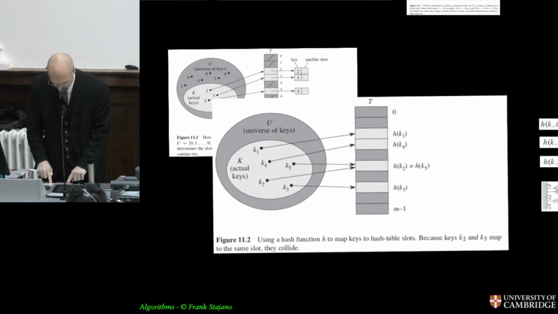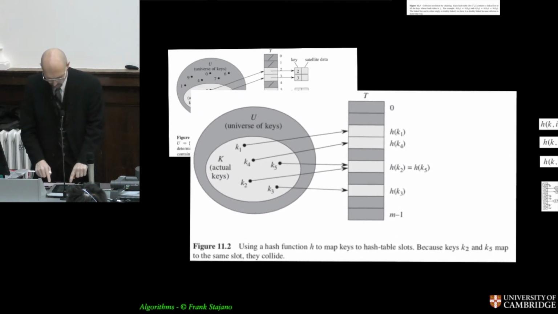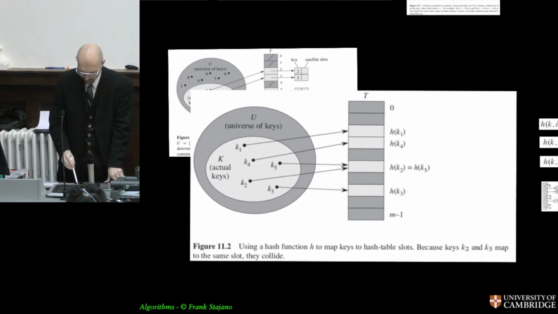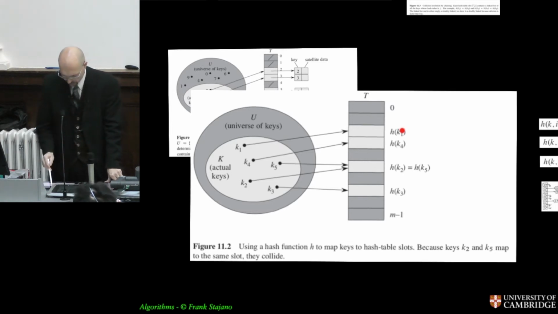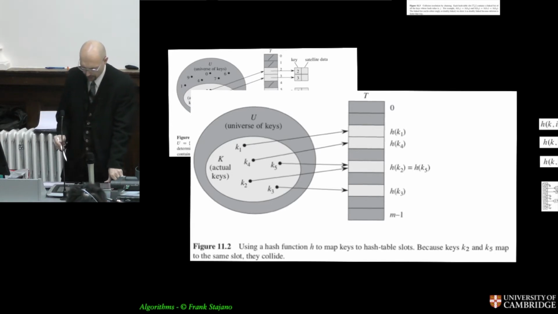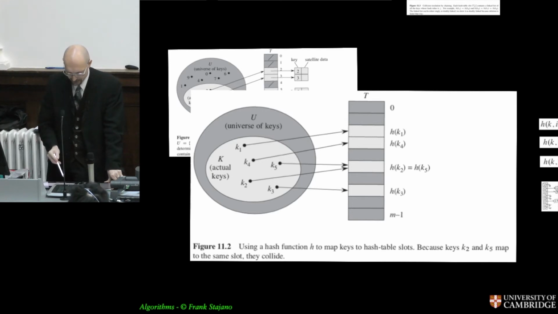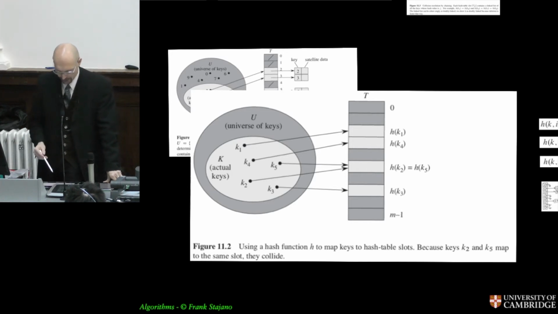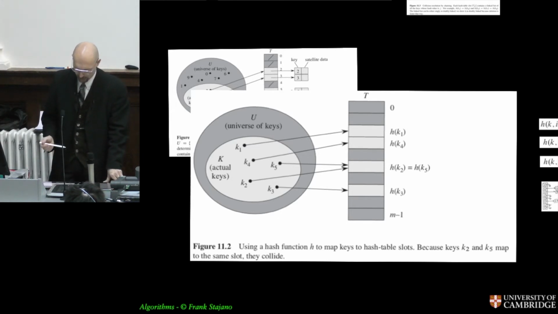This is a picture of a strategy where I use some magic function h to map between the universe of keys and the indices of my array. So h takes a value from the universe of keys, which could be very large, and produces an integer in a range 0 to m, which is the size of my array.